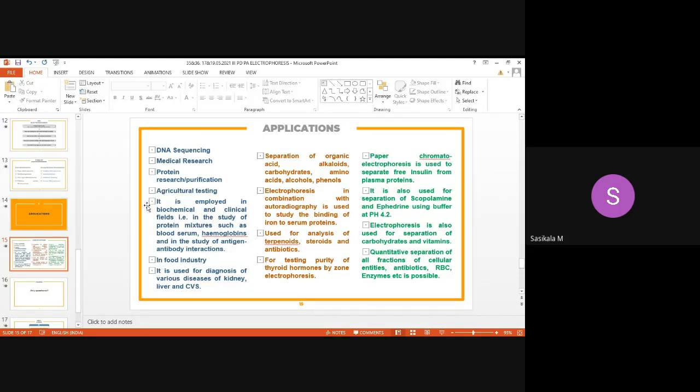It is employed in biochemical and clinical fields in the study of protein mixtures such as blood serum and hemoglobins, and in the study of antigen antibody interactions, which is done with immunoelectrophoresis. In the food industry, it is used for diagnosis of various diseases of kidney, liver, and cardiovascular system.